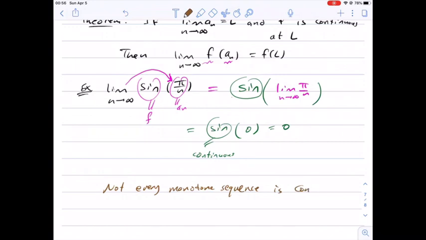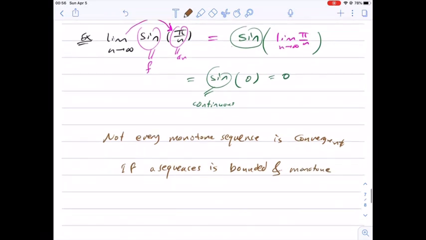Not every monotone sequence is convergent. If the sequence is bounded and monotone, then it is convergent.